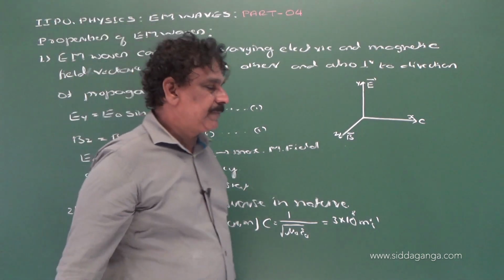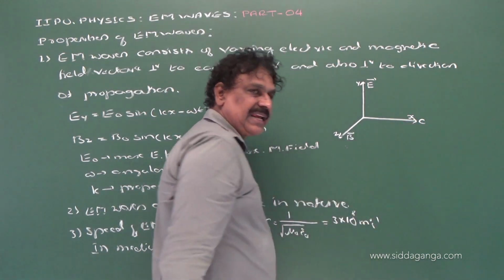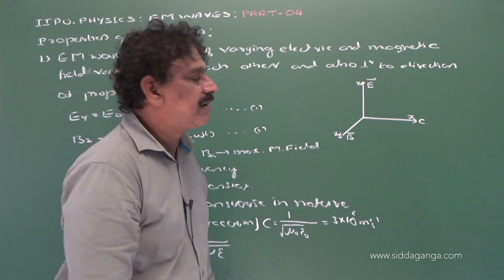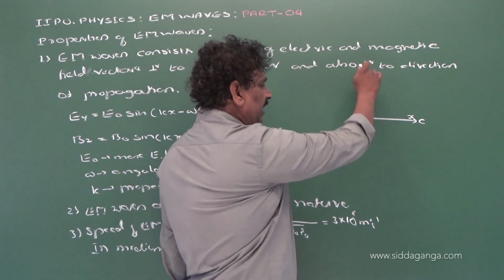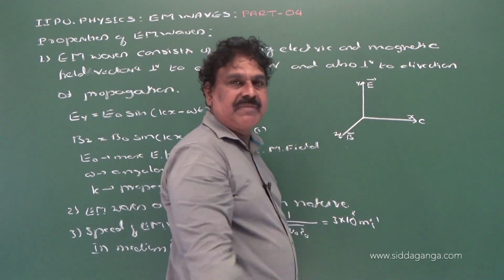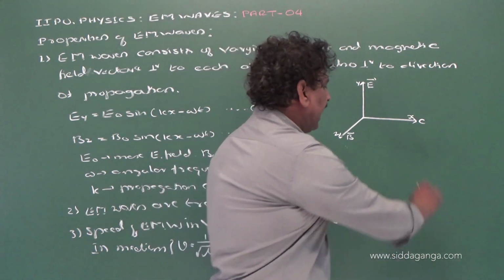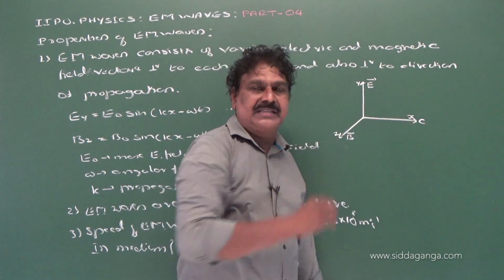If we represent electric field, magnetic field and the direction of propagation on a Cartesian coordinate system, the electric field is vibrating along the y-axis, the magnetic field along the z-axis, and the wave is propagating along the x direction.